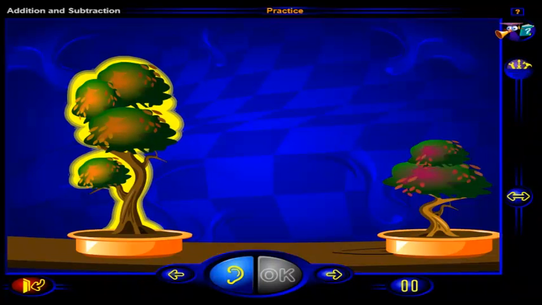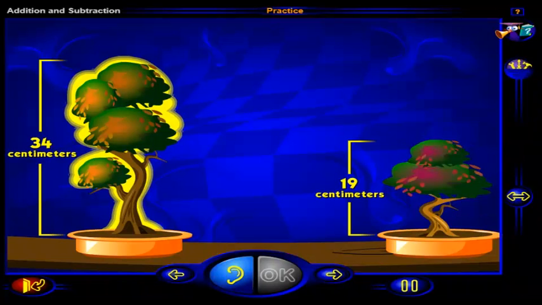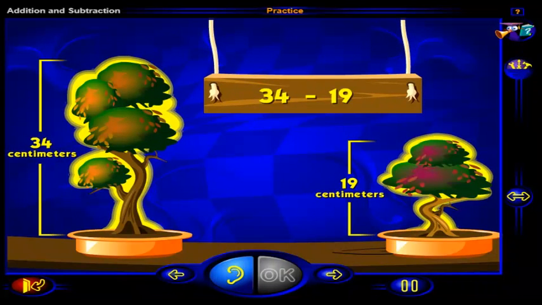This bonsai tree is 34 centimeters tall, and this bonsai tree is 19 centimeters tall. To find how much taller this bonsai tree is than this bonsai tree, we need to find the difference between 34 and 19. What is the difference between 34 and 19?